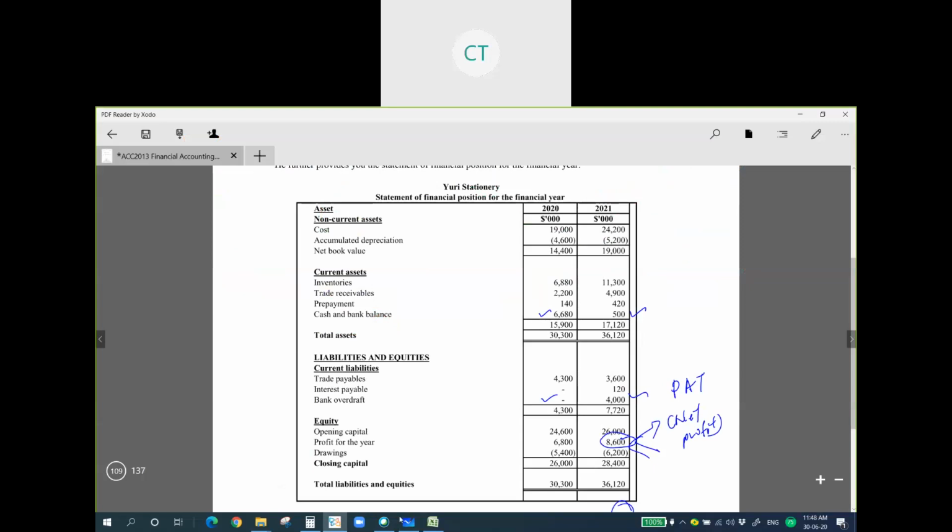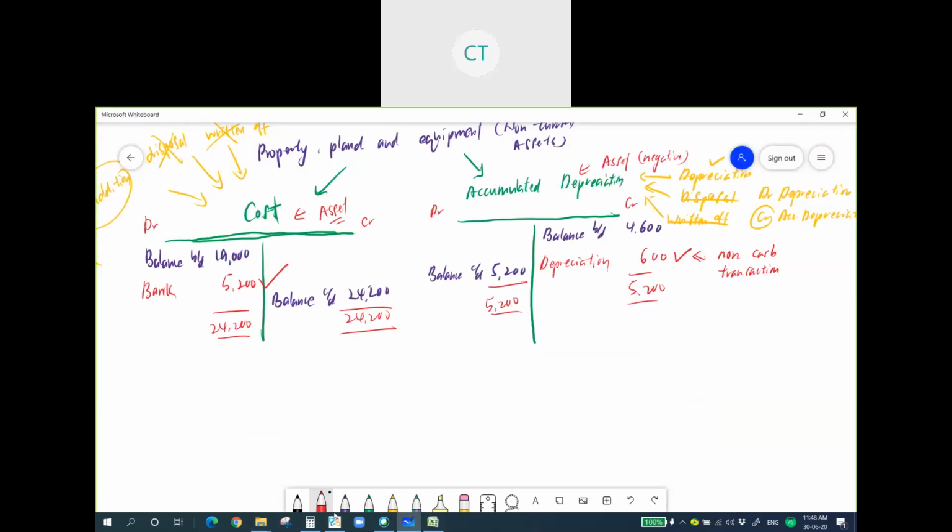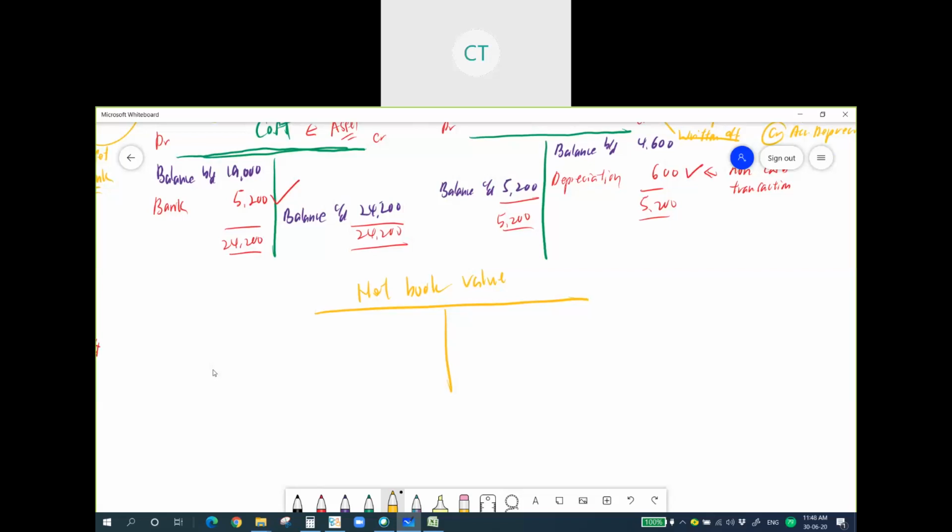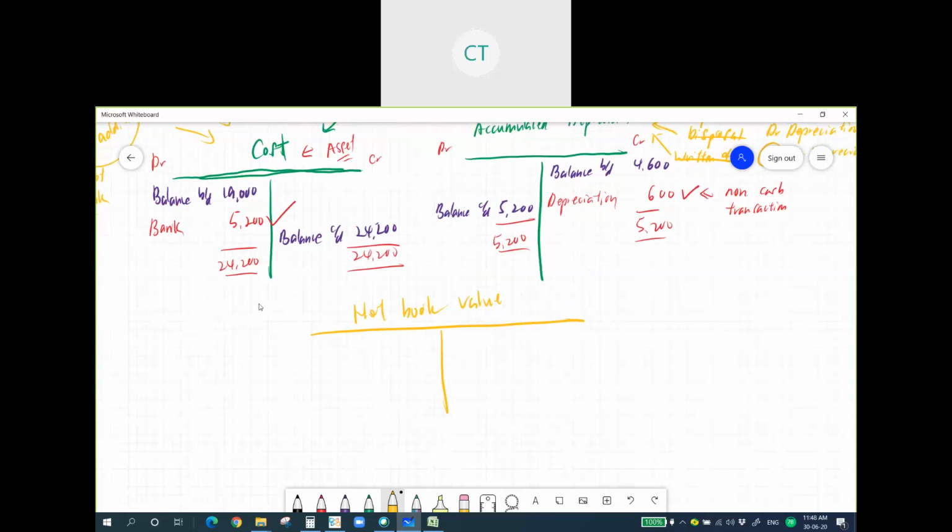But in some situations, it will only give you one account called net book value. So net book value is the combination of your cost and accumulated depreciation. So the entry will be the same. For buying the asset, bank you will still show in the debit side, and when you have a depreciation, it will still show at the credit side.